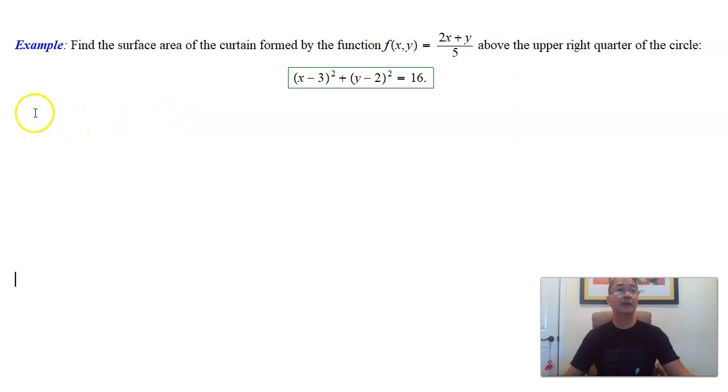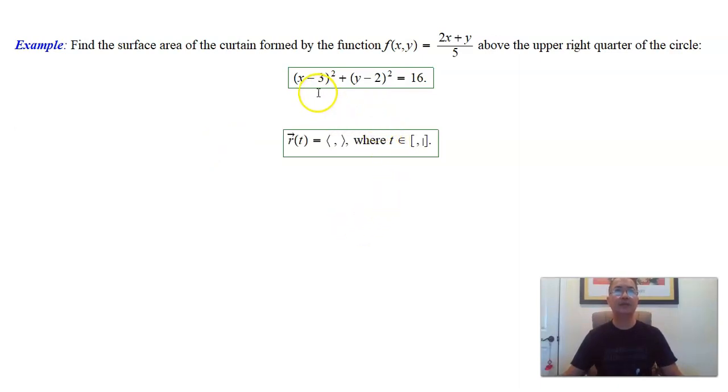First we're going to need to create, this time, a parametrization for this quarter circle because it is not given to us. I hope you remember how to do this. We're going to use sine and cosine. Let's keep in mind we want the upper right quarter of the circle, so it looks like our domain should again be from 0 to pi over 2. That's a quarter of a circle.